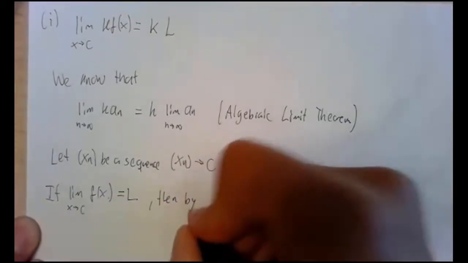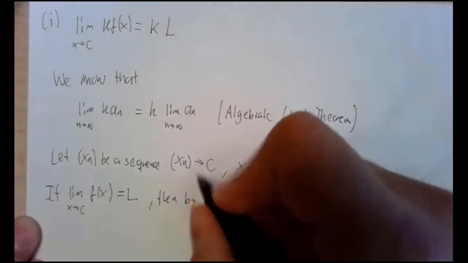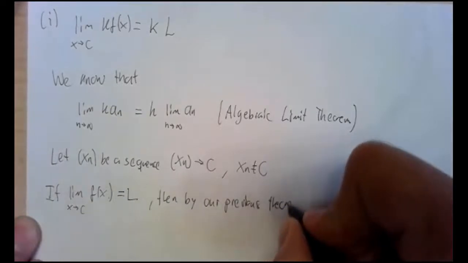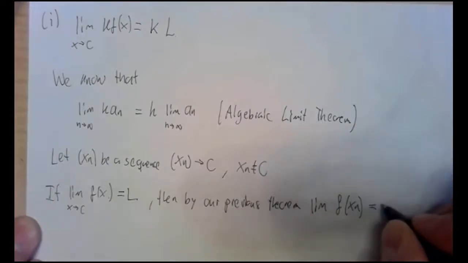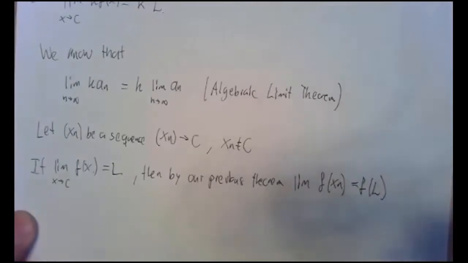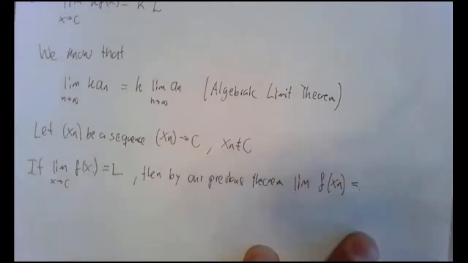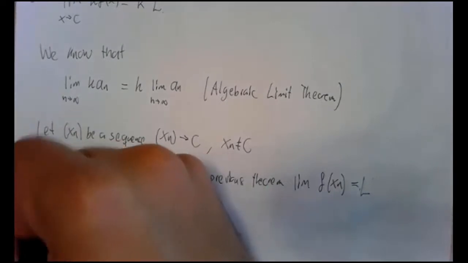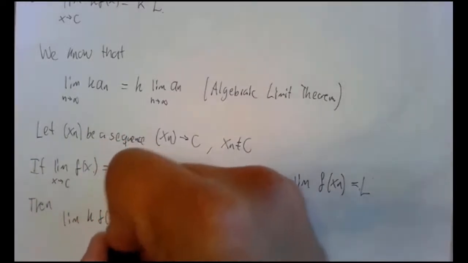Then by our previous sequential equivalency, we know that the limit of f of xn is L, sorry, not f of L, L, for any sequence. Then what would be the limit of k f of xn?